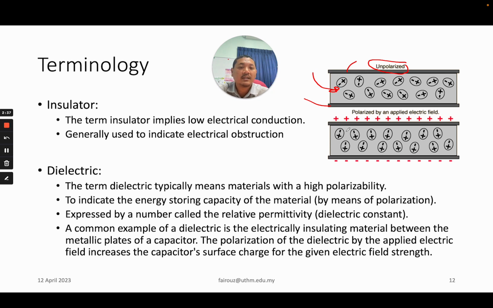So the negative charges will try to stay closer to the positive electrode, and the positive charges of the dielectric material will try to stay close to the negative electrode. So when we have this electric field applied on that conductor between the insulator, what happens is that this material is polarized. Okay, it has been polarized.